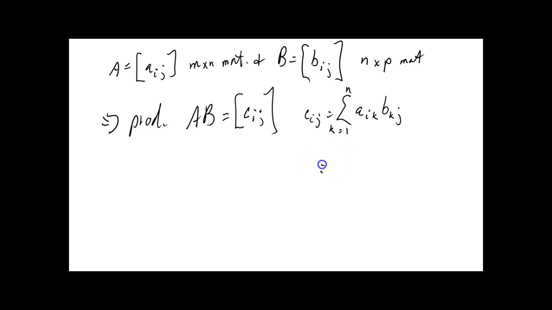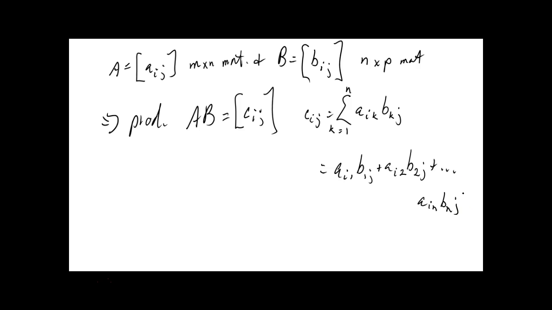That would be then A_i1 times B_1j plus A_i2 times B_2j plus ... until you get to A_iN times B_Nj.